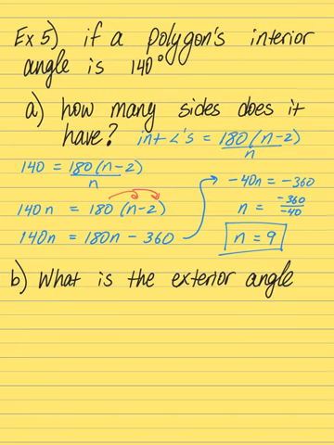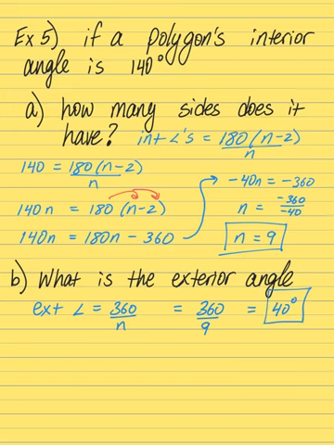Or what you could do is you could also use the exterior angle equation. So the exterior angle equation is to take 360 and divide it by the number of sides, in this case 360 divided by 9, and your exterior angle will be 40 degrees.